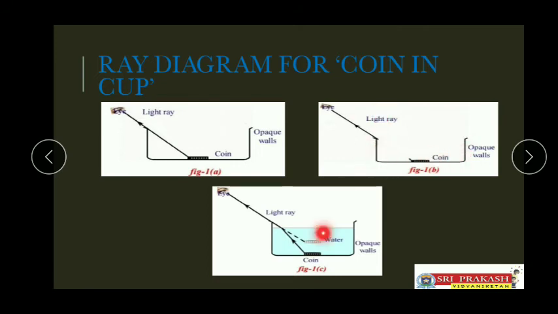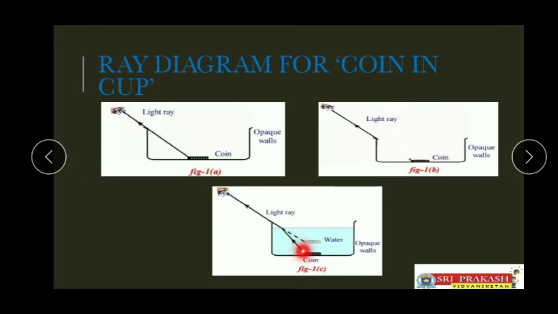Now when you fill with water, we can see the coin as the light deviates at the interface. This is the line interface which separates the air and water. As it travels from the water to the air, it takes a deviation, and the person gets the view.